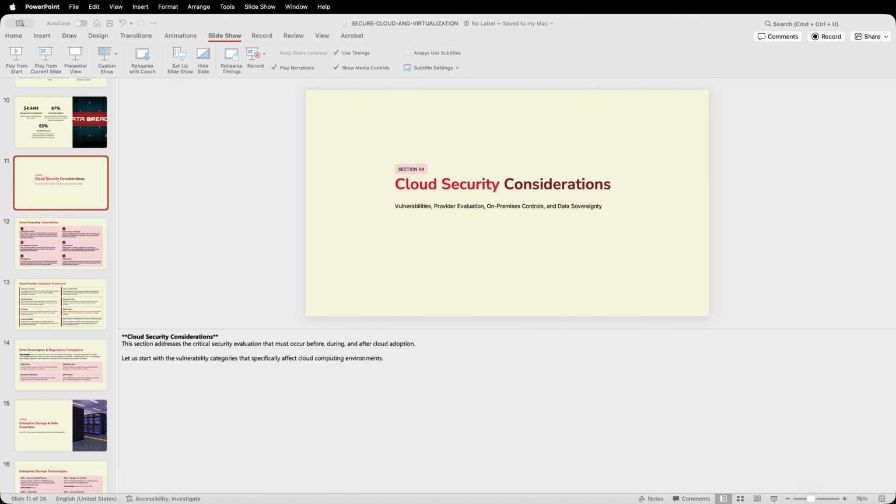Now, let's take a look at software-defined networking, SDN. This represents a fundamental architecture shift in networking by separating the control plane, where forwarding decisions are made, from the data plane, where packets are actually forwarded.